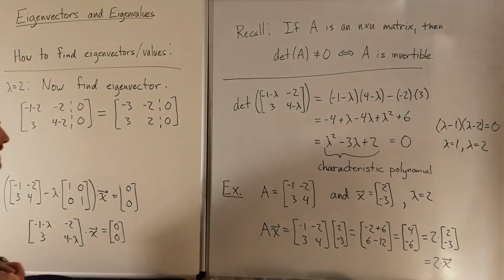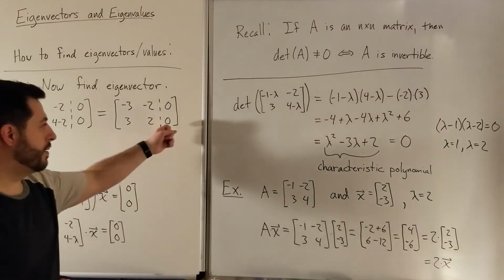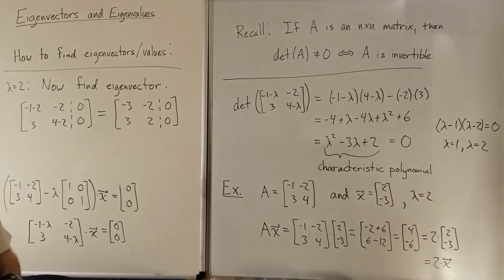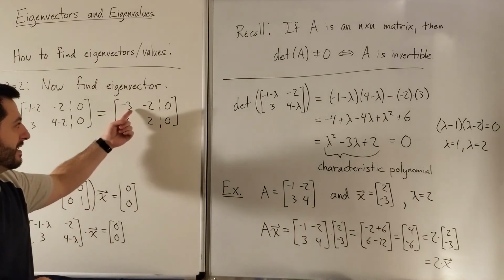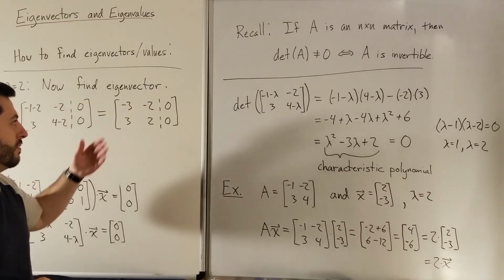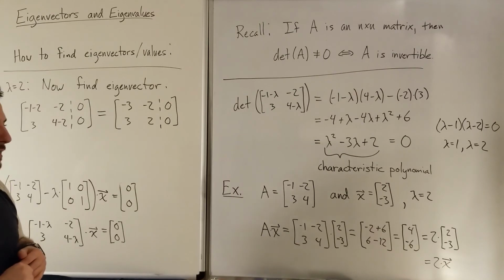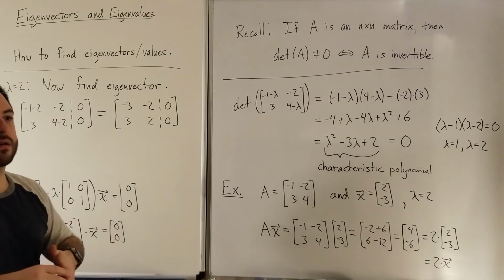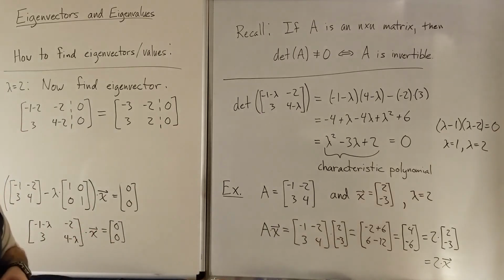We are trying to find essentially the null space of this. So we're trying to find the null space of this matrix A minus lambda I, which is why we're setting equals 0, and we expect to find a non-trivial solution. In a 2 by 2 case, you're always going to get that these two rows or these two columns are linearly dependent. And in general, there's going to be some dependency among all the rows or all the columns whenever you have a non-invertible matrix. That's one of the parts of the invertible matrix theorem.